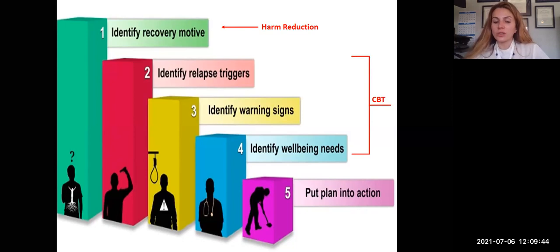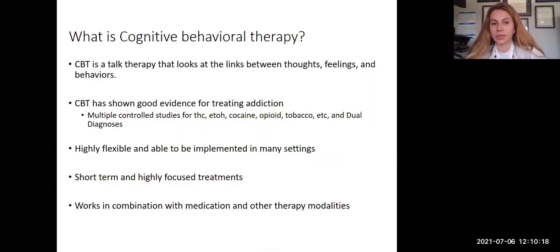Once they move into action and planning, we can use general cognitive behavioral therapy, which tends to be 12 to 16 weekly sessions with homework in between, focused on identifying all of the things causing them to use and applying specific skills to decrease that use to abstinent levels. There are a number of CBT manuals that could be used at that point. Then we follow it up with relapse prevention, which also falls under the CBT header but has some specific techniques that I'm going to talk about today.